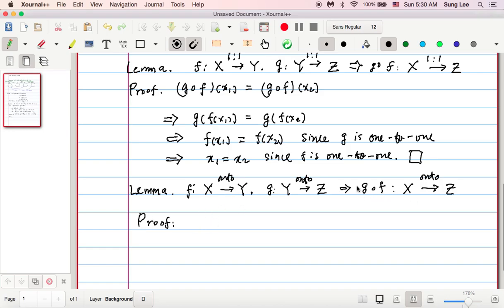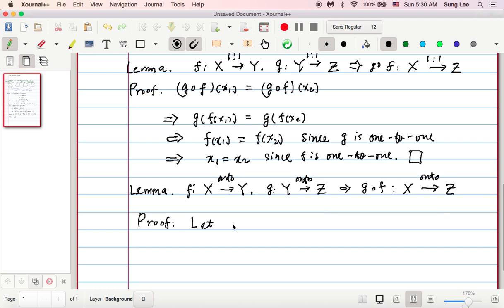So to show that f followed by g is onto, we pick an arbitrary element in this set Z. It is called the codomain.